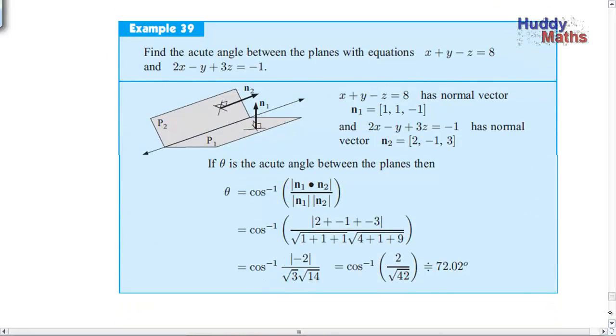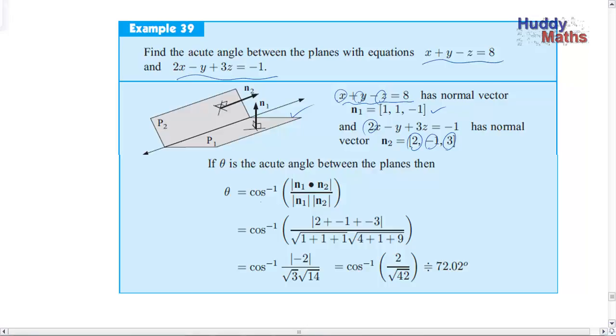So here we have an acute angle between these 2 planes. First job, maybe get a little picture. The first one has a normal, which is the coefficients of x, y and z, and the second one has coefficients of x, y and z. So they define the 2 normals.